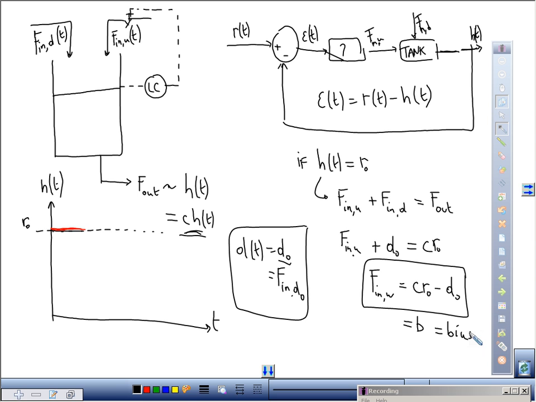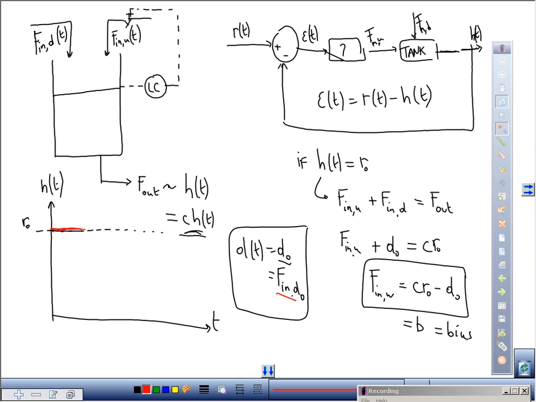Of course, it's possible that the level is not equal to the desired reference R0. For instance, assume that my disturbance input flow rate F in D increases, then the level will start to decrease.